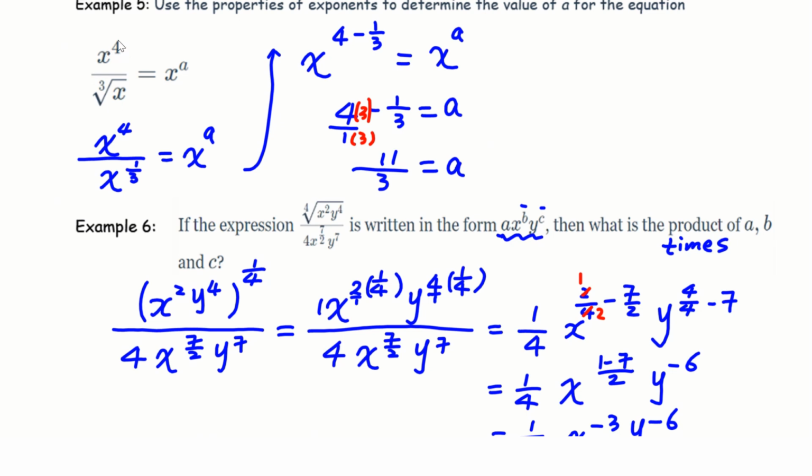Also, if you have an equation where each side can be simplified to the same base, a single power, then the exponents will be equal. Then we just let the exponents be equal, and we can solve it.